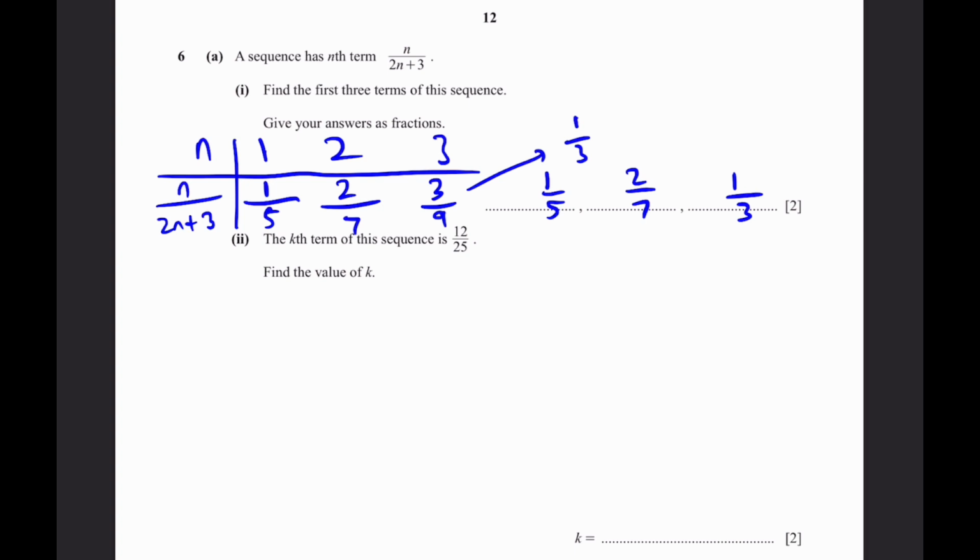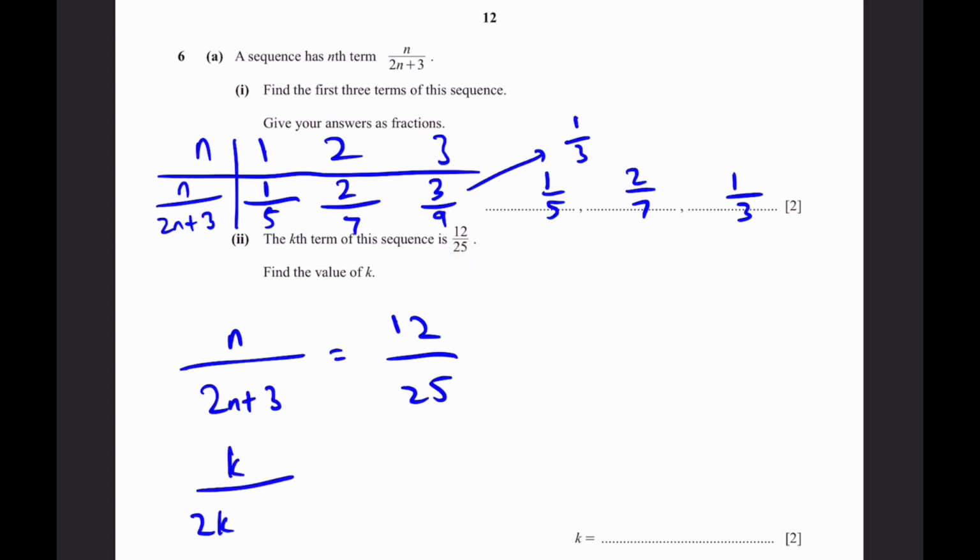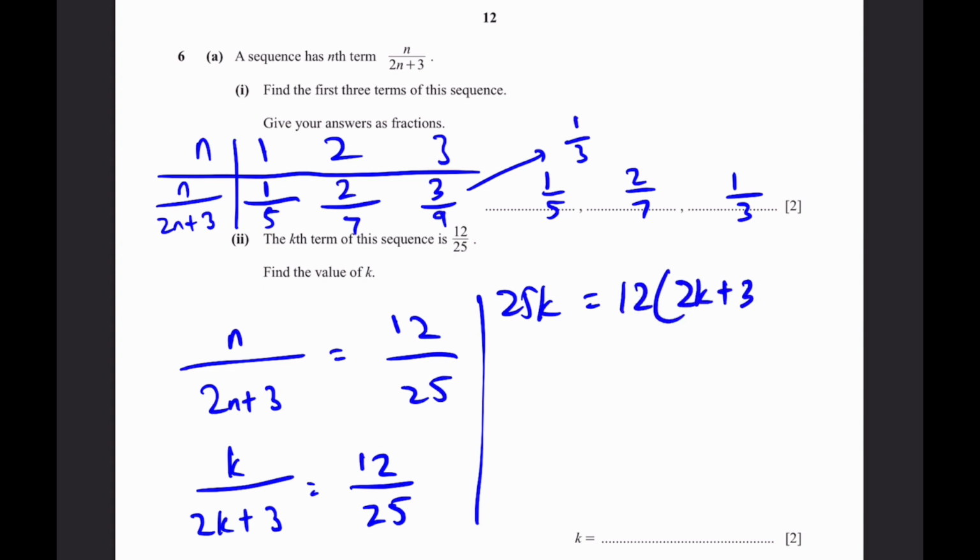Now we can go to part 2. The kth term of the sequence is 12 by 25. Find this value of k. So n by 2n plus 3 is equal to 12 by 25. Now, if the kth term of the sequence is 12 by 25, that means k is equal to n. So k by 2k plus 3 is equal to 12 by 25, right? Now we can write 25k is equal to 12 times 2k plus 3, right?